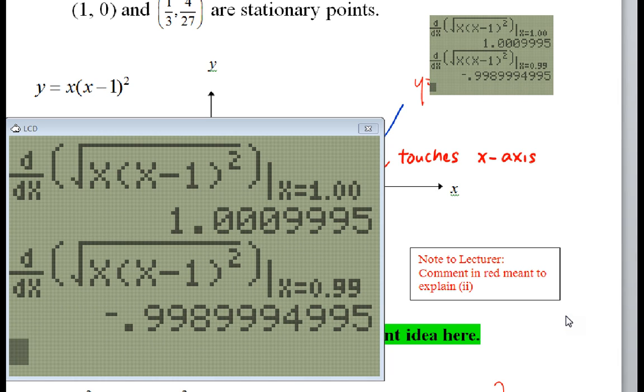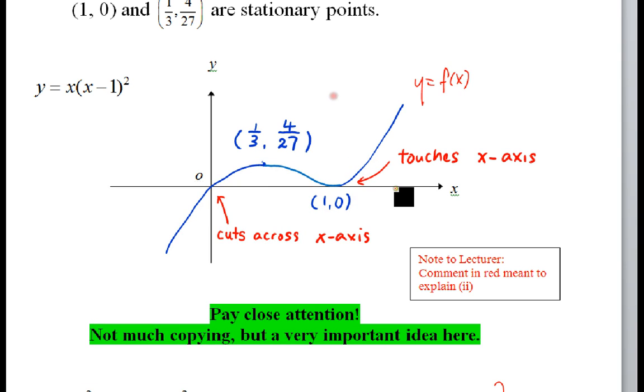What do I get? Negative. It makes sense. Correct? All we are saying is when we take square root here, at this point the gradient is -1. Here is +1. Correct? So now we can sketch.